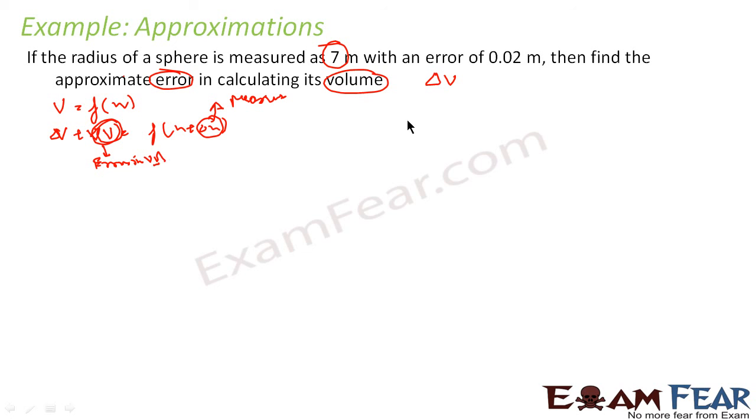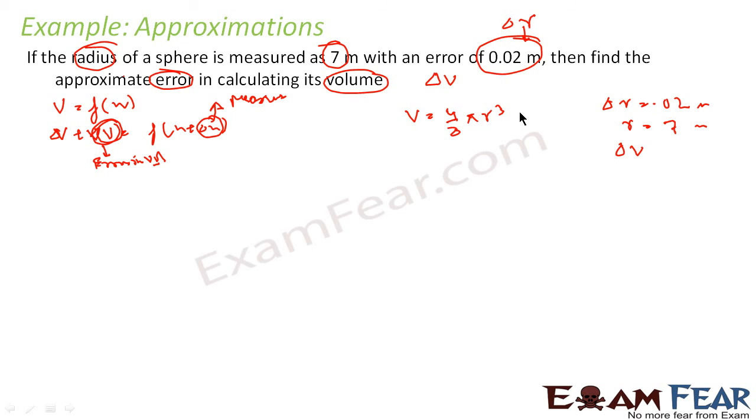Correct. So my V is nothing but 4 by 3 pi r cube. Delta r is known, because delta r is the error in measurement of radius. Delta r is 0.02, r is 7 meter. I have to find delta V. V is equal to 4 by 3 pi r cube, dV by dr is 4 by 3 pi into 3r square, cancel.